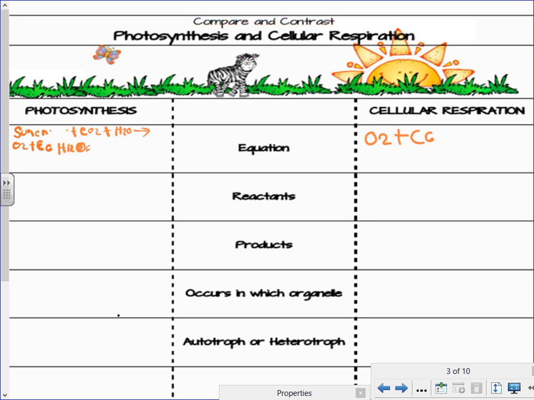What is this that you're writing? What's the formula you're writing? Glucose.